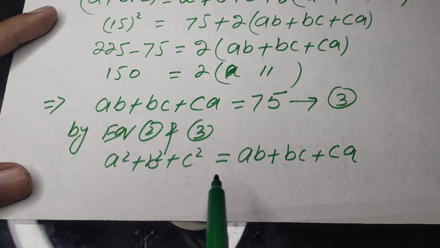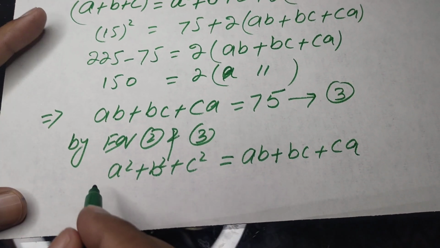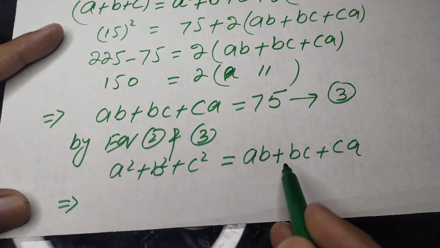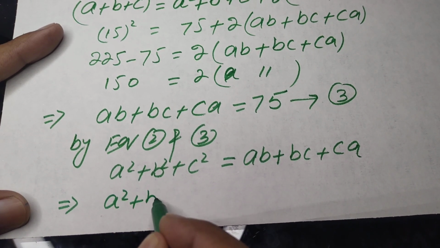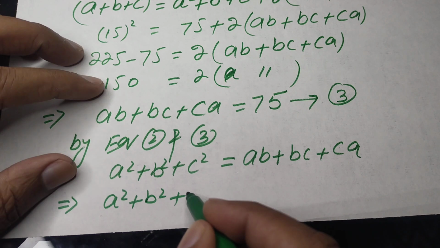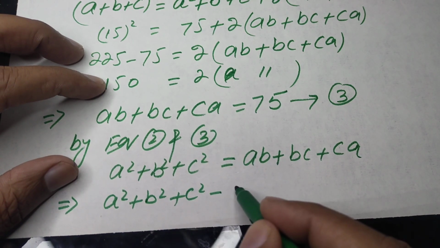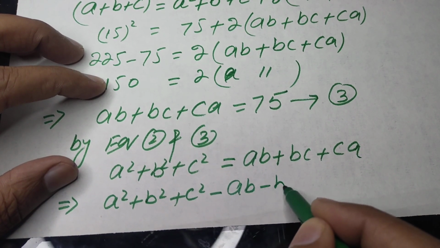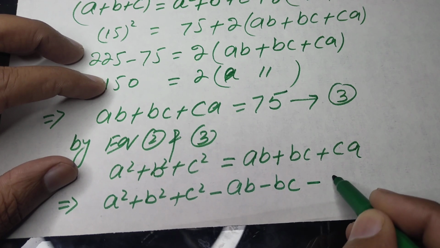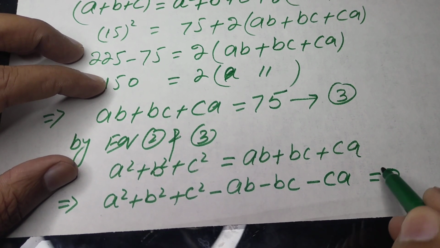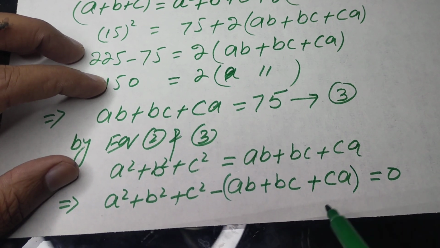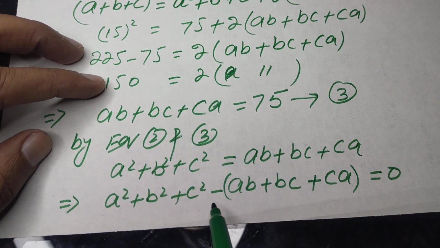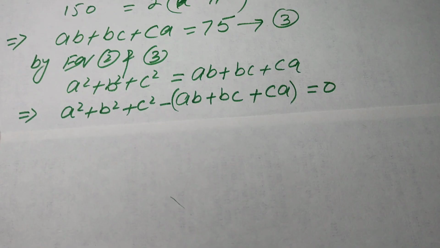After that, we will make some simplification here, and I can take it to the left hand side. So we write it as a square plus b square plus c square minus ab minus bc and minus ca is equal to 0. Or we can also write it in this form, taking the minus sign common here.